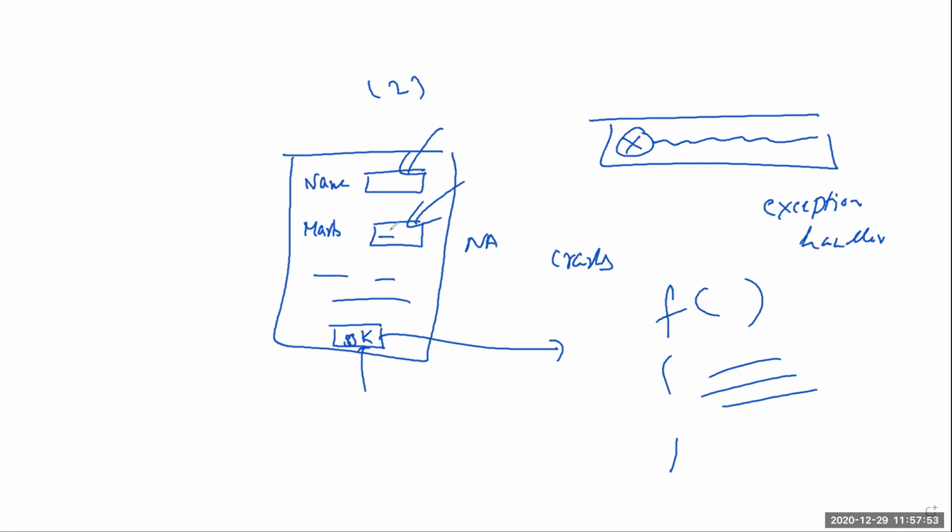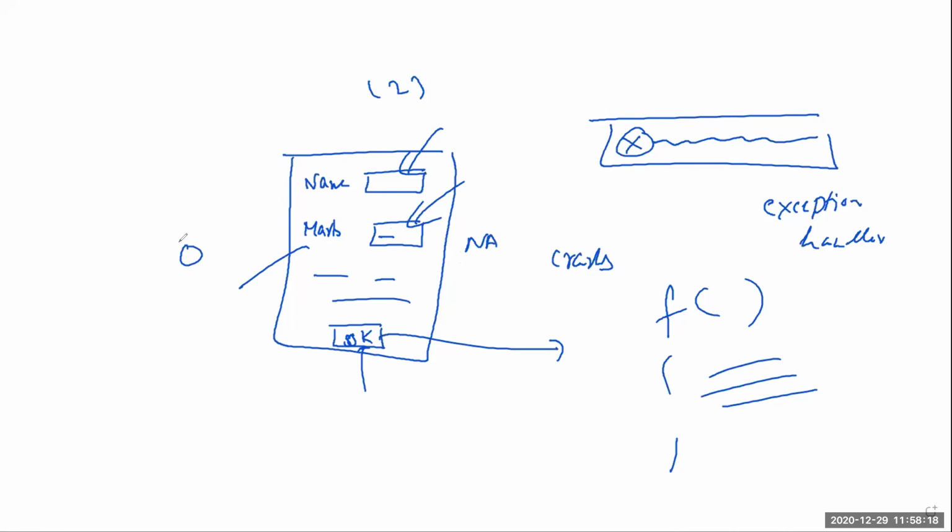Similarly, in the marks, if someone is giving a blank or NA or some XYZ ABC, I should make sure that the program does not crash. So if the user is giving some invalid value, maybe a blank or NA, we want this, since marks is an integer, to get some default value, it should get 0, right? Because 0 is an integer, so you can perfectly store 0 in marks.